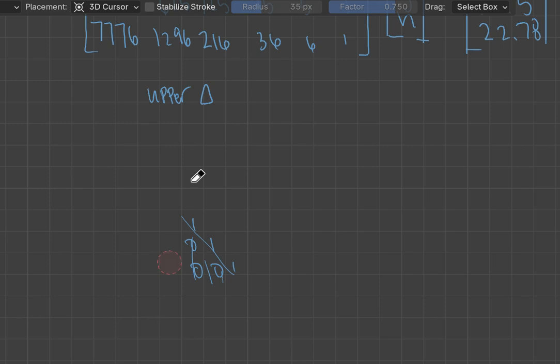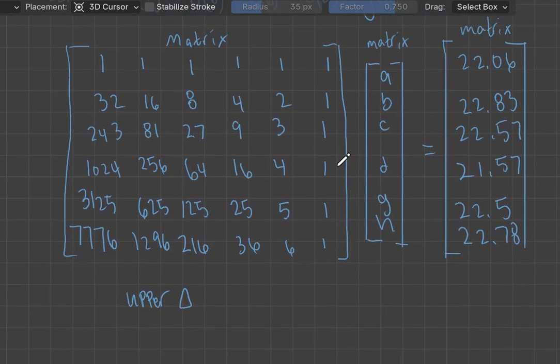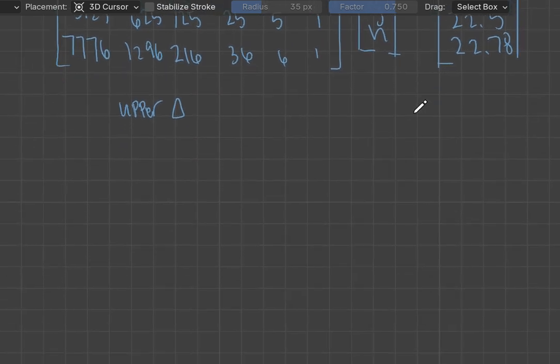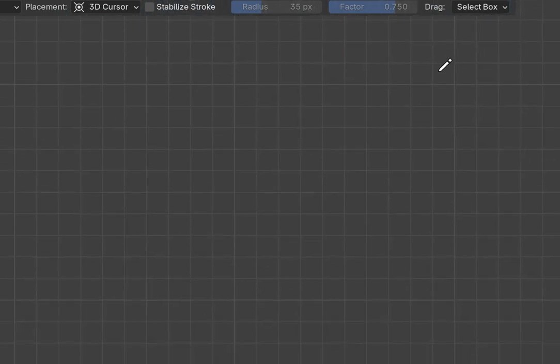So the first thing I'm going to do is get a 1 in all these diagonals. And the way that I'm going to do that is, for example, for this entire row, I'm going to divide everything by 16. So if I divide everything by 16 in the second row, the first row will stay the same.